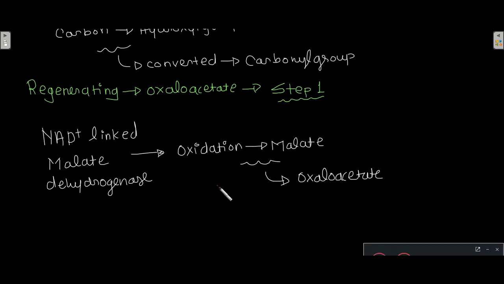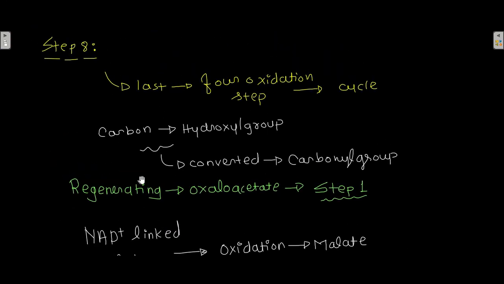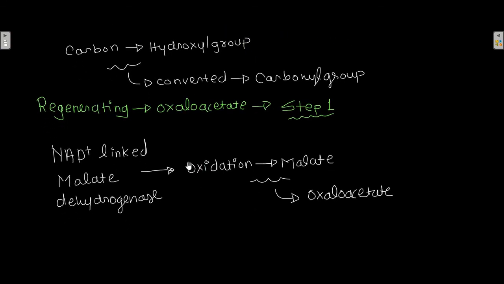NAD plus linked malate dehydrogenase is the enzyme that is catalyzing the oxidation of malate, resulting in the regeneration of oxaloacetate. So malate is oxidized into oxaloacetate by NAD plus linked malate dehydrogenase. This is what is happening in the last step, step 8 of the Krebs cycle.